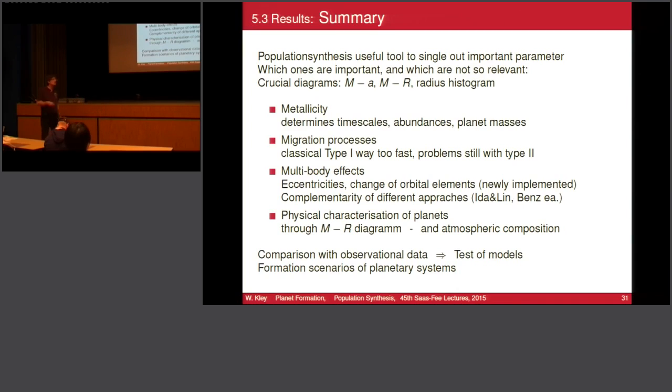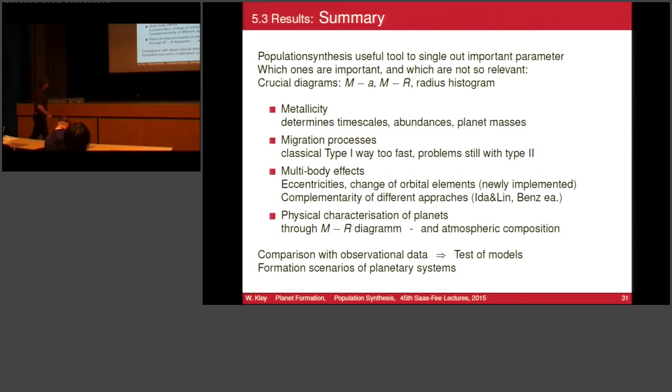So later on we knew we can do better, and this was pointed out by these population synthesis models. Multi-body effects are newly implemented in different ways. It is very nice that you have two different approaches, direct modeling or statistical modeling. This gives you the possibility to compare two different approaches and see whether they give different results or not, and which one potentially matches the observations better.